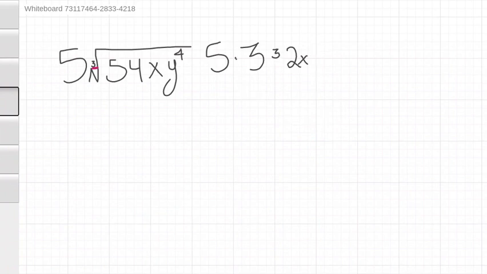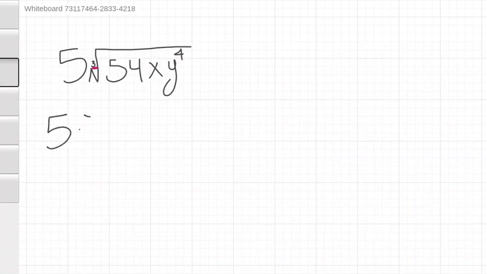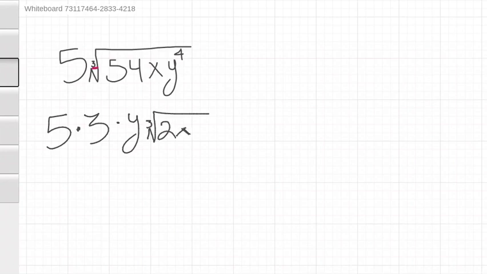And what we have now on the outside is 5 times 3 times y, cube root of 2xy.